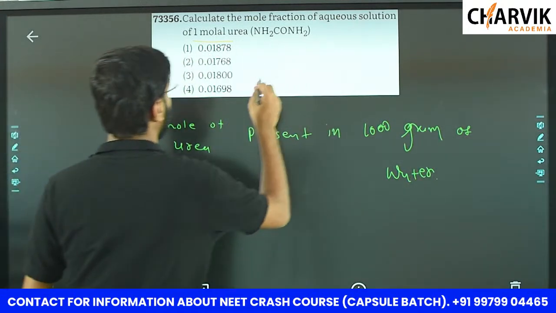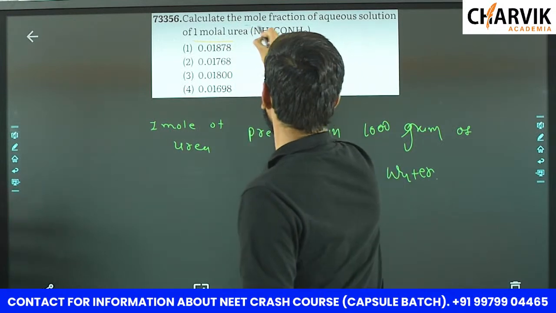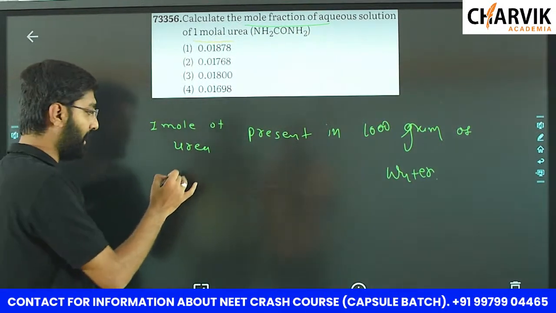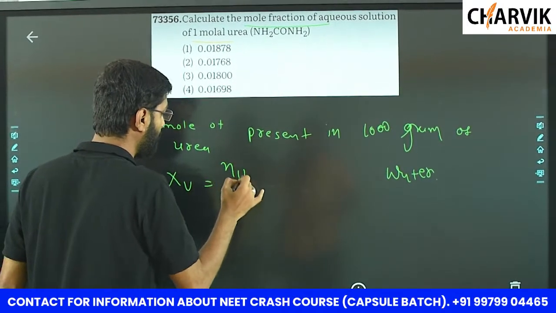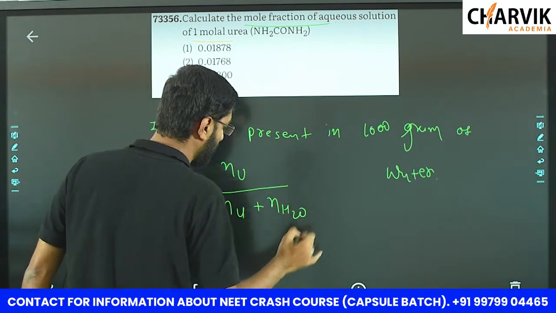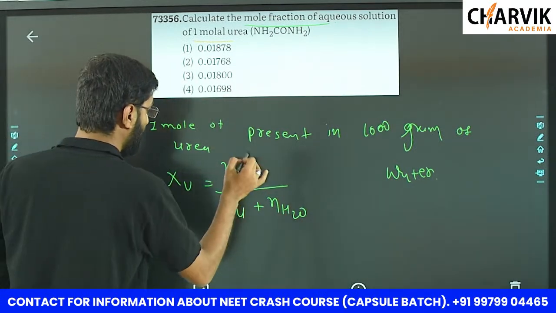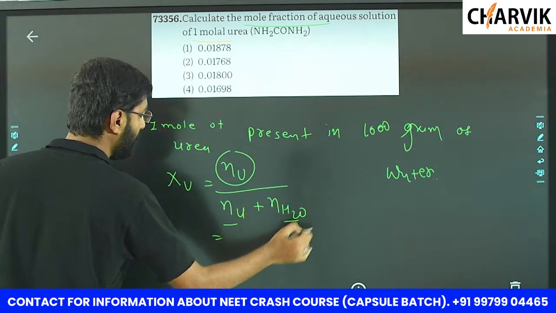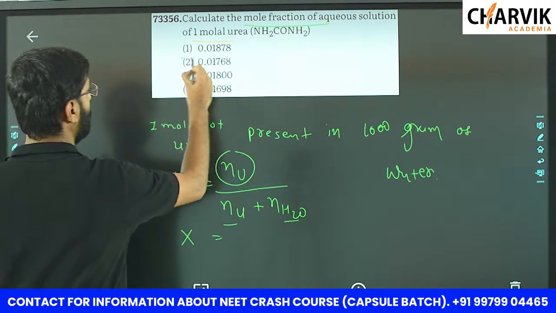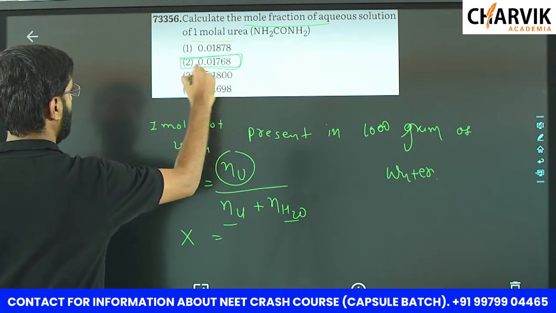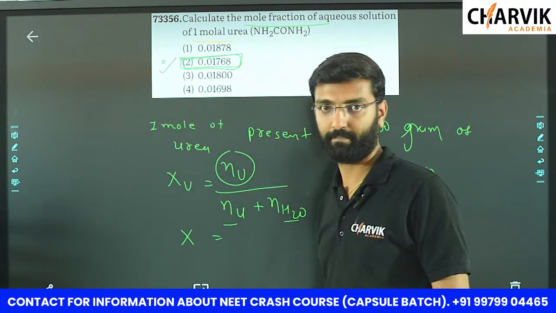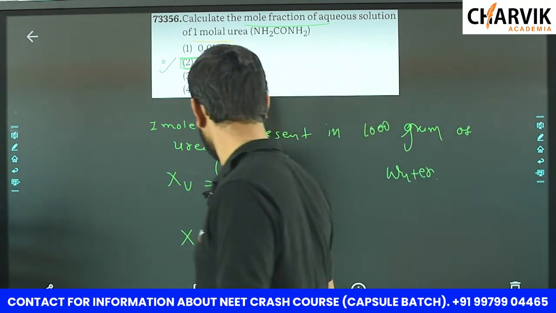Now we have to find out the mole fraction of urea. So mole fraction of urea is equal to moles of urea upon moles of urea plus moles of water, right? If you put these values, you will get x equals 0.0176. So second is your correct answer. Then friends, move to the next question.